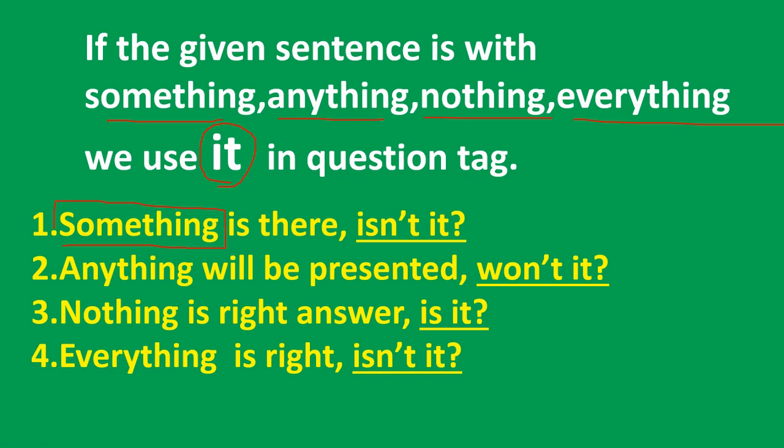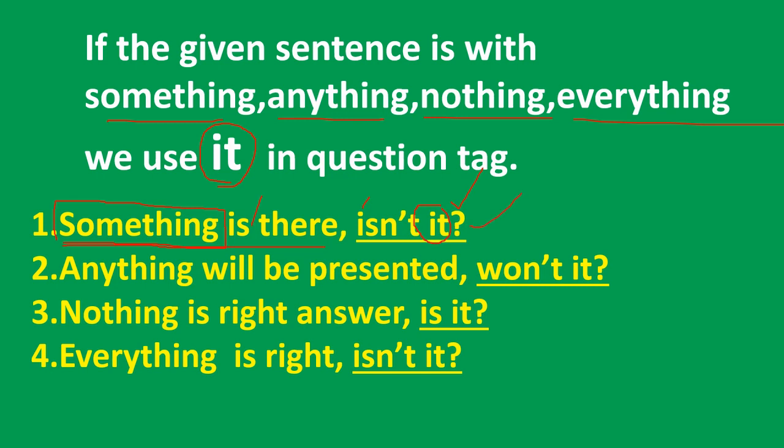So we should use it as subject pronoun. The remaining procedure is the same. Here the auxiliary verb is, so there is. Something is there, this is a positive statement, so we should write negative question tag, isn't it.